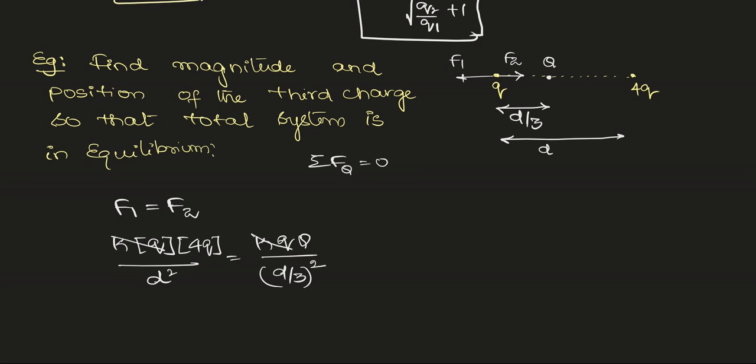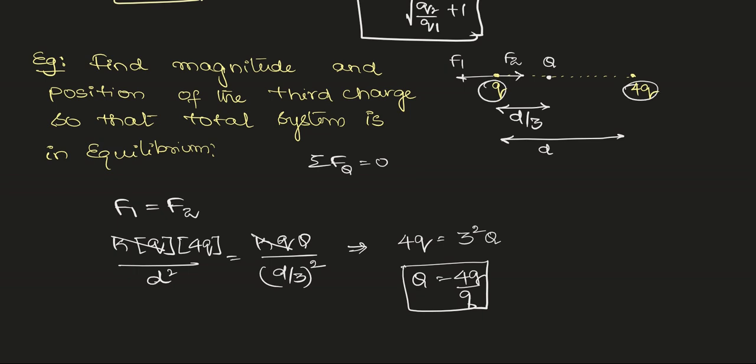So KQ gets cancelled, d square gets cancelled. We are left with 4Q equal to 3 square q, or q will be equal to 4Q by 9. This is magnitude of the third charge. And as we assumed these two are positive charges, definitely this q must be a negative charge. So with sign, we have to take that as minus 4Q by 9. So this kind of questions you can expect based on null points concept.